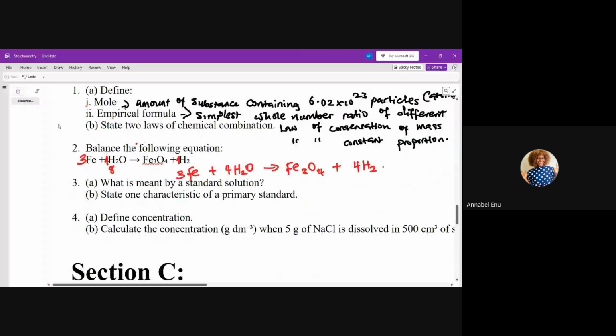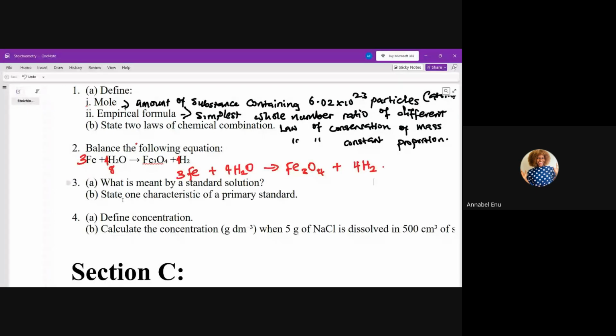Now the next question is asking us what a standard solution is. A standard solution is a solution whose concentration is known. You must have done a titration reaction at school, right? There is the solution whose concentration is known, and there's the one whose concentration is not known, so you have to carry out an experiment and do some calculations so that you'll be able to determine the unknown concentration.